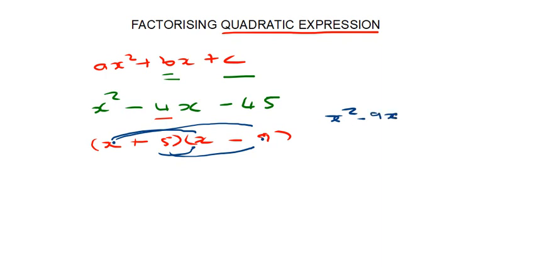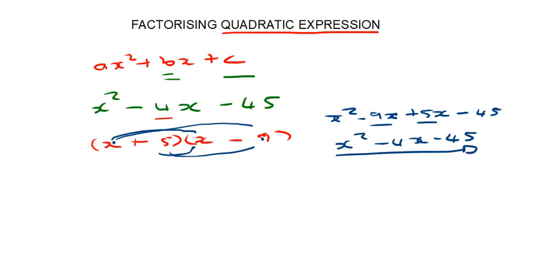Then 5 multiplied by x is positive 5x. Then 5 multiplied by negative 9 is negative 45. So we have like terms here: negative 9x plus 5x equals negative 4x. Then you'll have x squared minus 4x minus 45. So we factorized correctly. Let me give you another example.